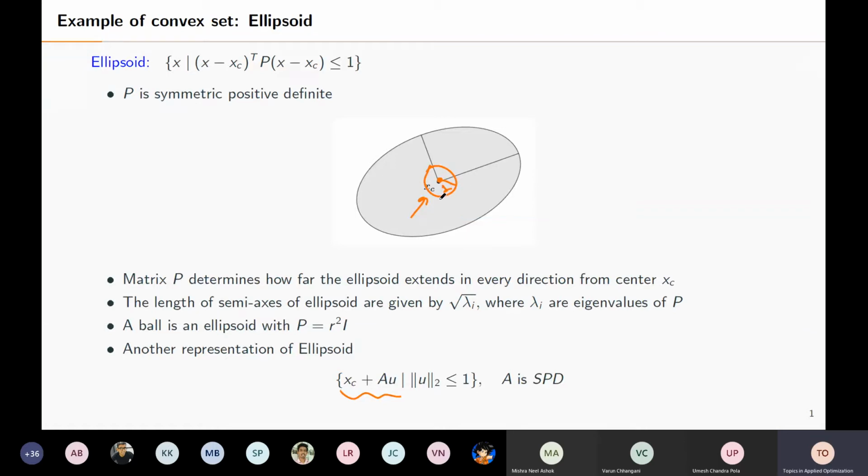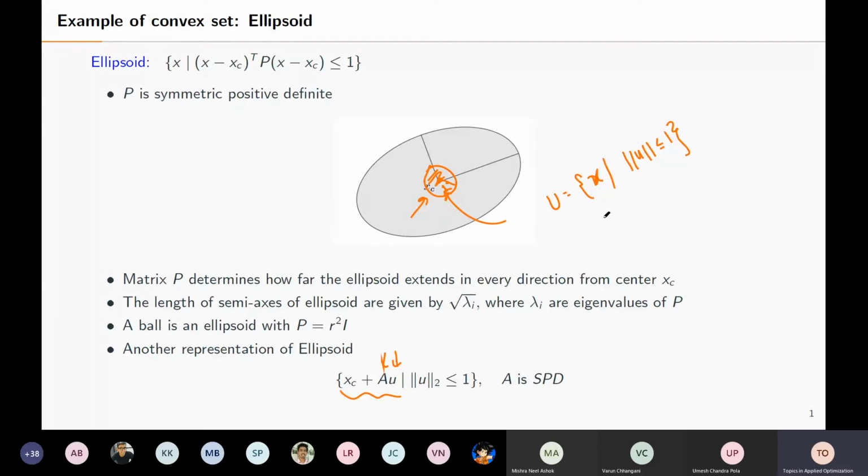This ball is the set of all u such that norm of u is less than or equal to 1. You are at XC, and now you want to see what is the action of A on those u, and how far you can go from the center.